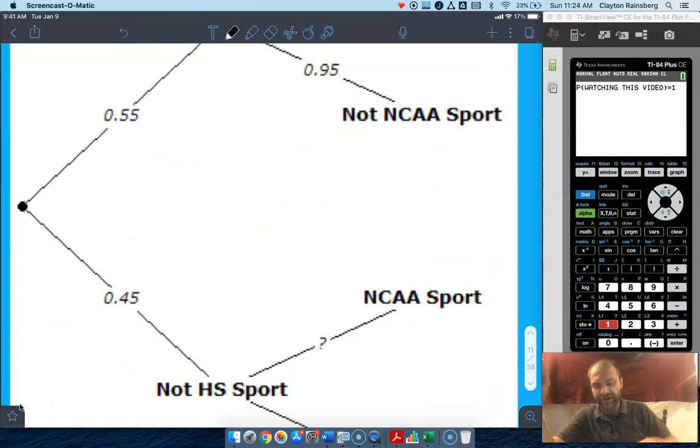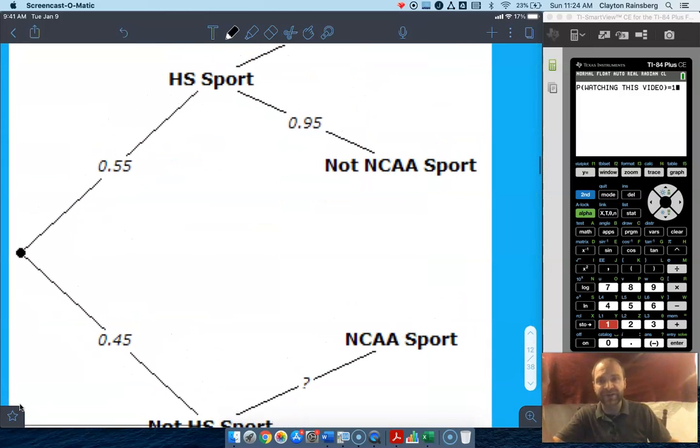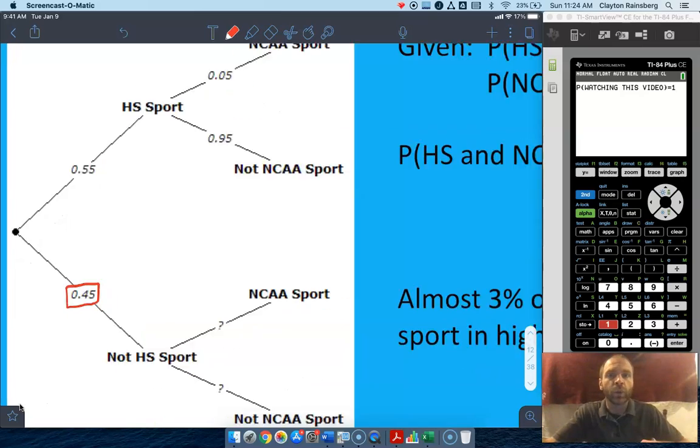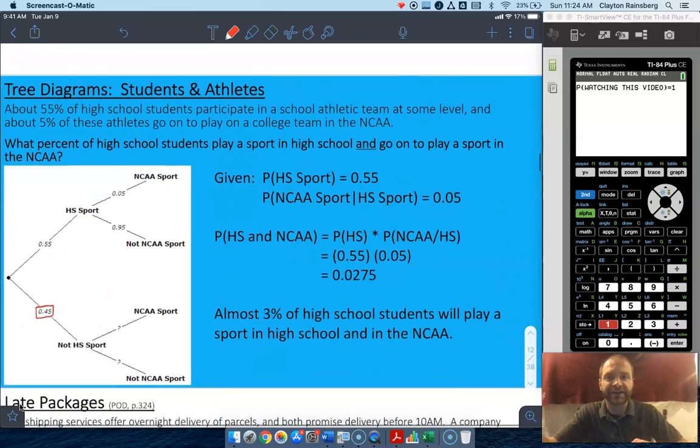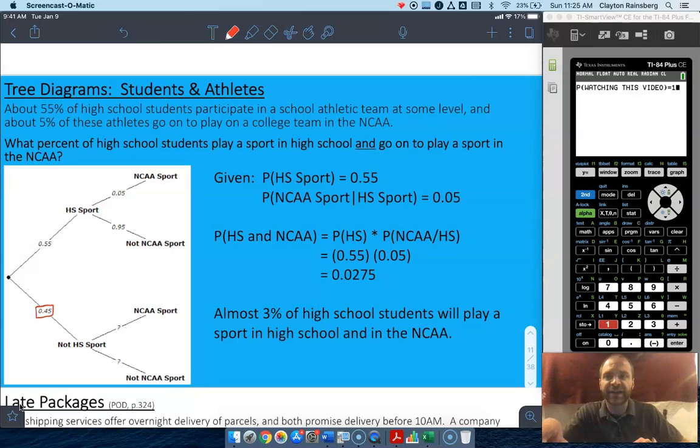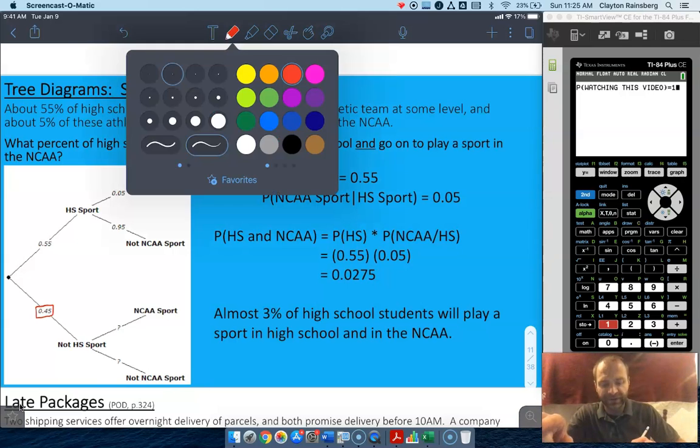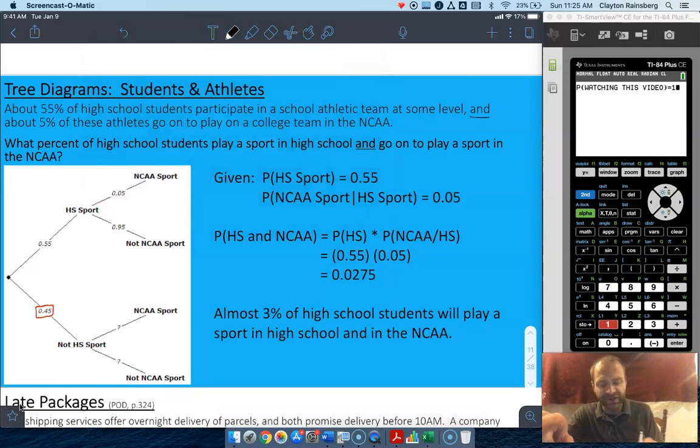So you see this tree diagram. We were told 55% play a high school sport. And so by using the complement rule, I could say that 45% don't. We were told, and this is where you have to realize this, about 5% of these athletes. What is this statement saying? You're looking at the tree diagram thinking, well, it makes sense, but read this statement: about 5% of these athletes, of the 55%, 5% of those.